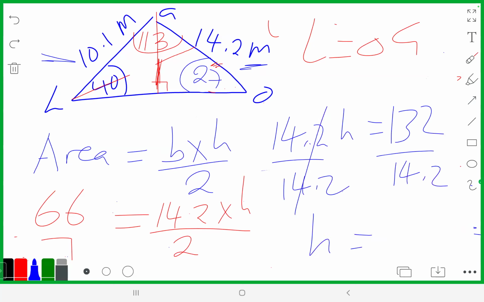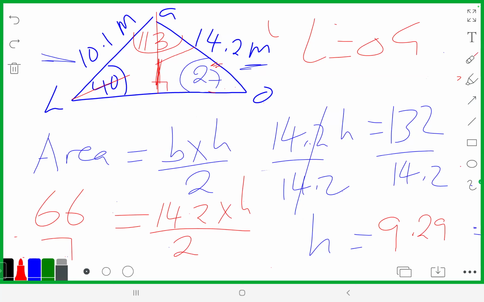And what is the height? It's 9.295. So you leave it to one decimal place because all the numbers here are in one decimal place.